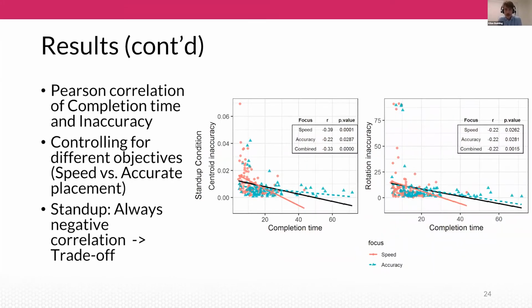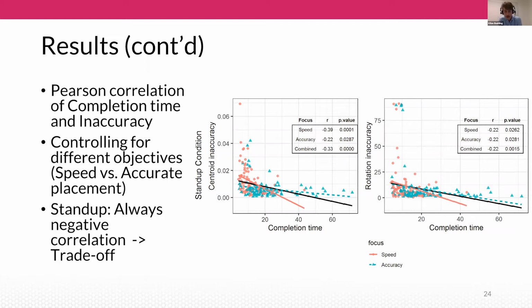Then we looked at whether there is a trade-off between the time a user takes to complete a task and the accuracy, the centroid inaccuracy and rotation inaccuracy, that is achieved. Here we see two scatter plots for the stand-up condition. Since we asked every subject to focus either on completing the task as fast as possible or as accurately as possible, we can control for that.